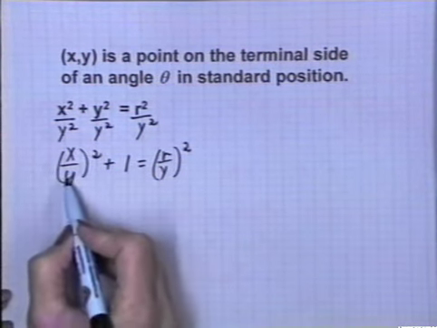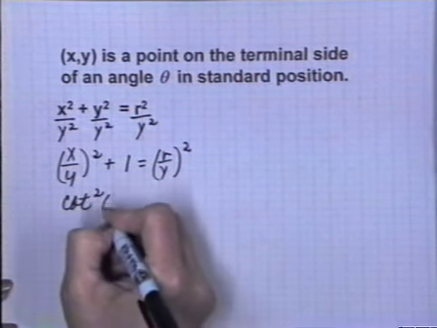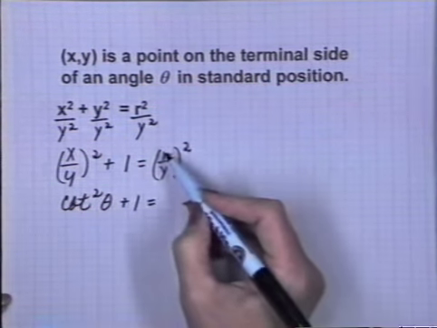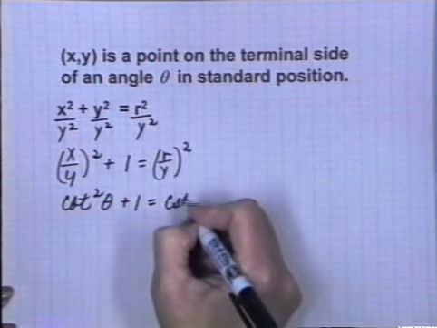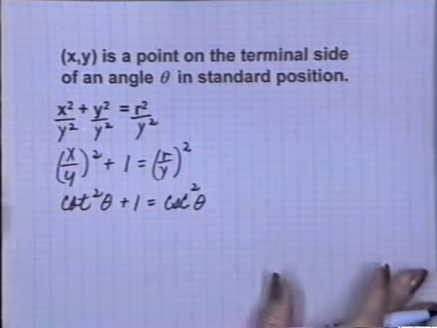And of course, x divided by y is cotangent. So this would be cotangent squared theta plus 1 equals, and r over y is cosecant. So on the other side, we'll have cosecant squared theta.